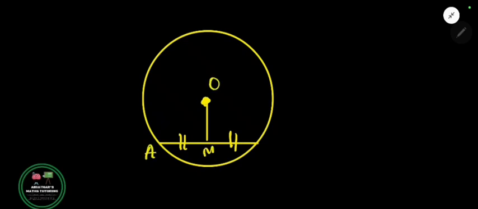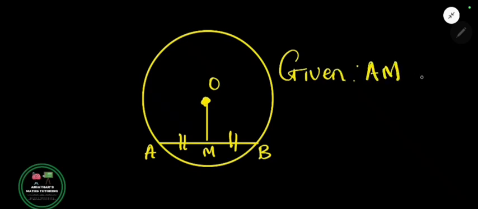A, M, B. Remember earlier on you were given that these lines are perpendicular. Now you are given that they are equal. Let's say given, you are given that AM is equal to MB.